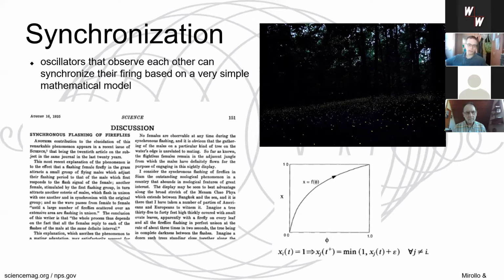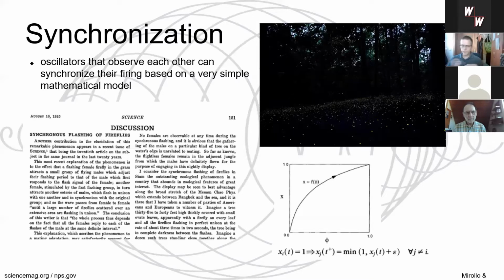All the way back in 1935, this matter was already discussed. This observation in principle that oscillators can synchronize each other is even older. Even back in the 17th century, Christian Huygens described that clocks hanging on the same wall can synchronize their pendulums. But it took quite a while.